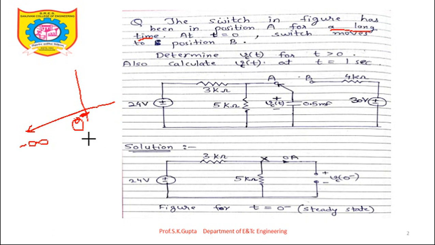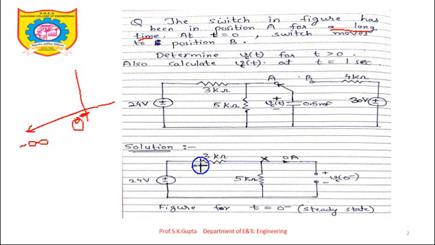So at t equal to 0 minus, we have steady state, and in steady state the capacitor acts as an open circuit. As it is acting as an open circuit, current will be 0 ampere.